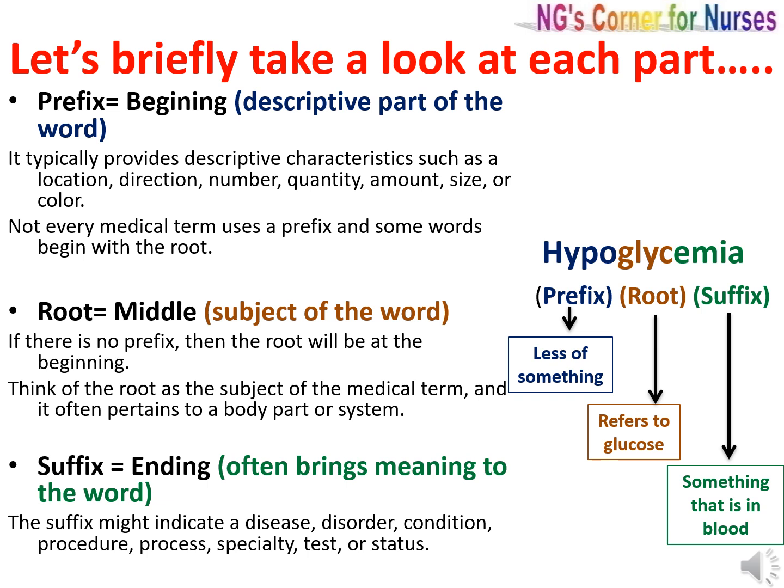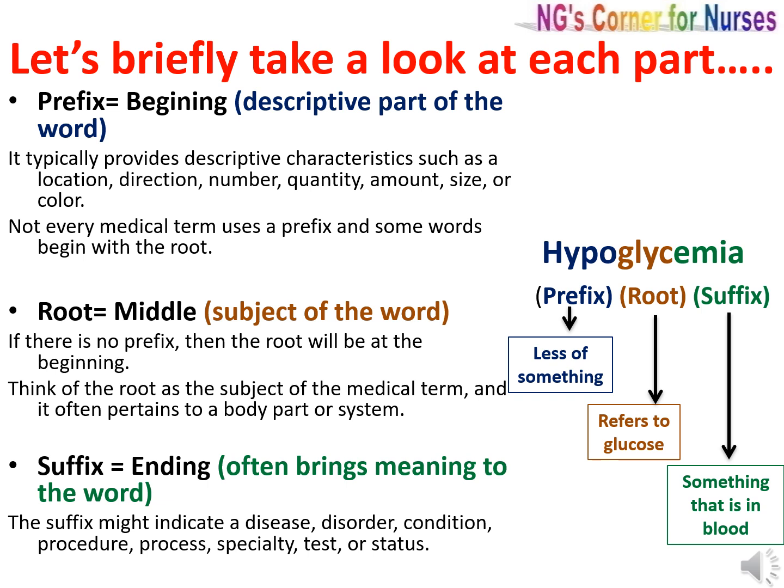Let's briefly recap the word elements that make up medical terms. If you are coming to this video after seeing the last video regarding common prefixes, then this section will be a review for you. Most medical terms have three parts: a beginning, middle and an end. Let's take a look at each part.